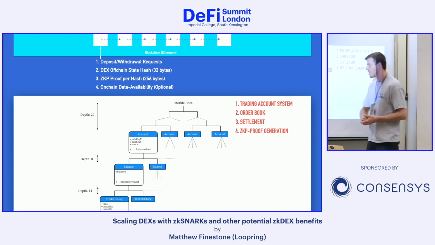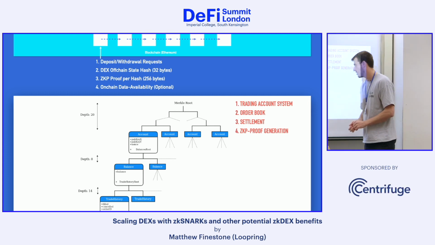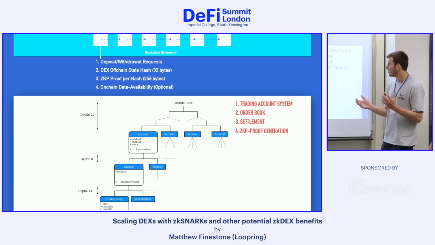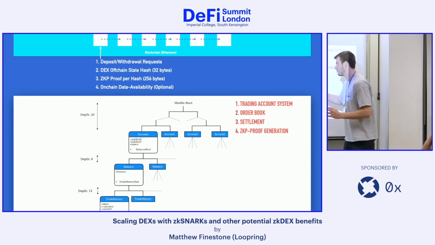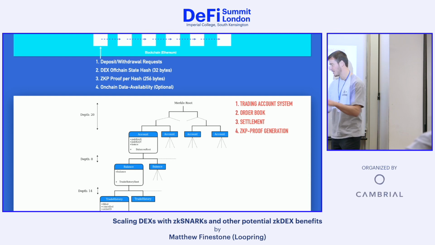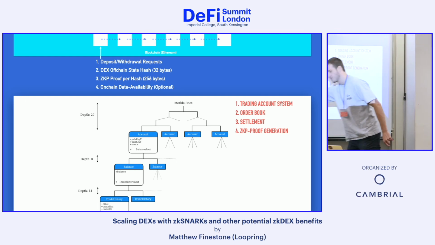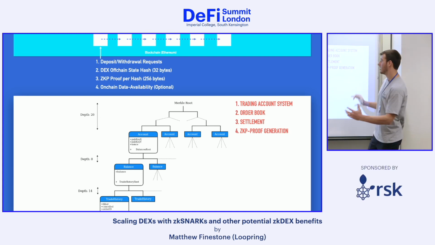I'm not an expert in the design of this Merkle tree. It's a bit beyond me, but I know we try to optimize by using subtrees, so to do certain things, we don't have to traverse the whole depth. We could just stop there to do certain transfers. We don't always have to go to trade history, which is the bottom set of leaves. But this is what a DEX is.